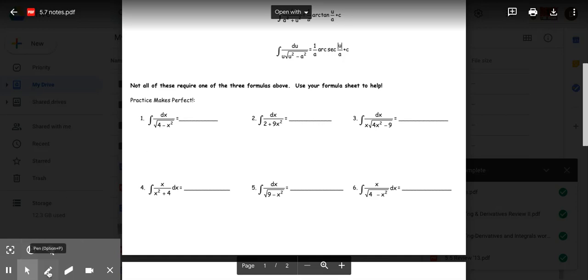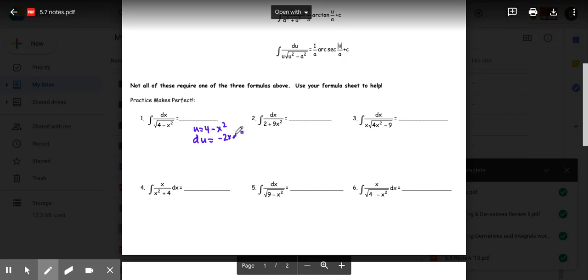So for number 1, all right, looking at this function, you have a fraction, you have a root. Automatically try to make u the inside. Okay, the derivative would be negative 2x dx.